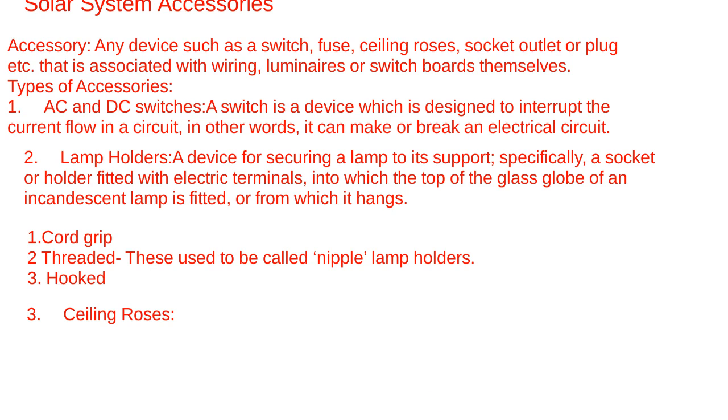Most of the time, there are basically two types of ceiling roses available, although there is a wide range of makes and shapes. The two types are the two-plate ceiling rose, and the other one is the three-plate ceiling rose.